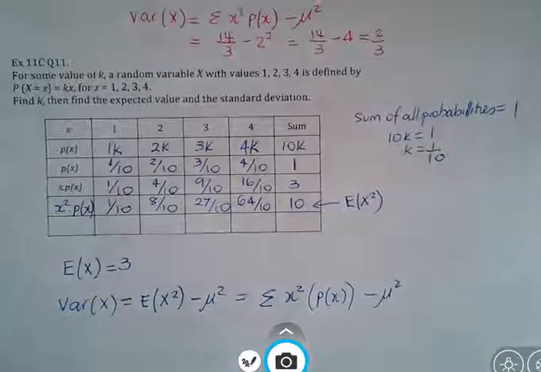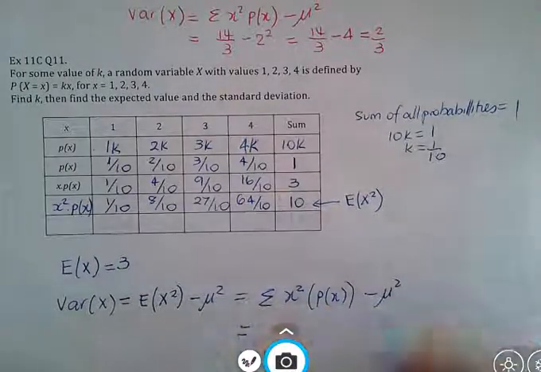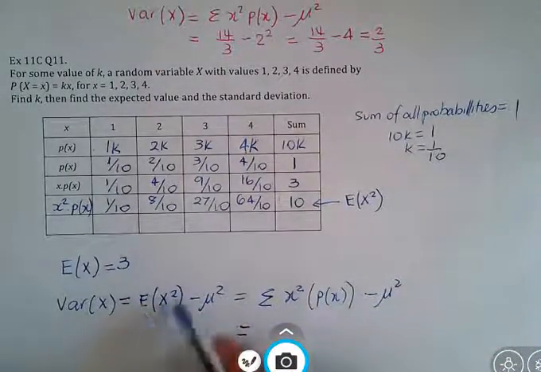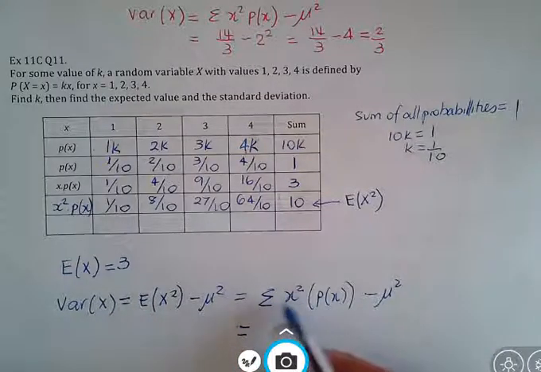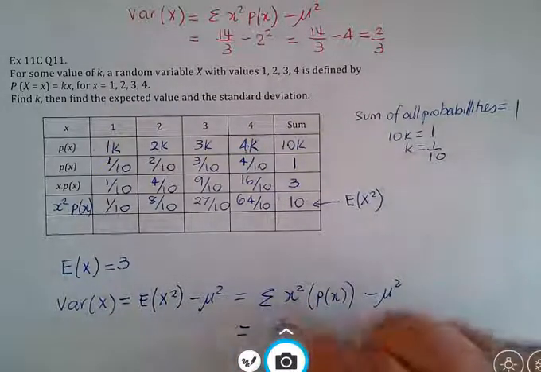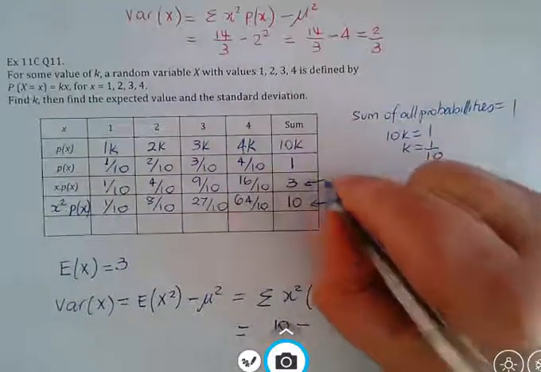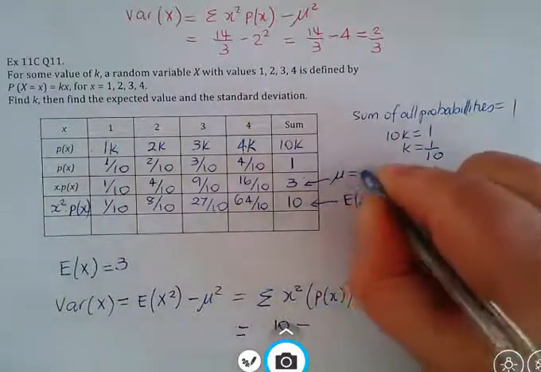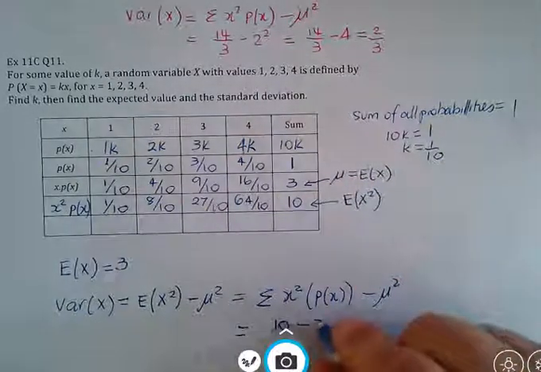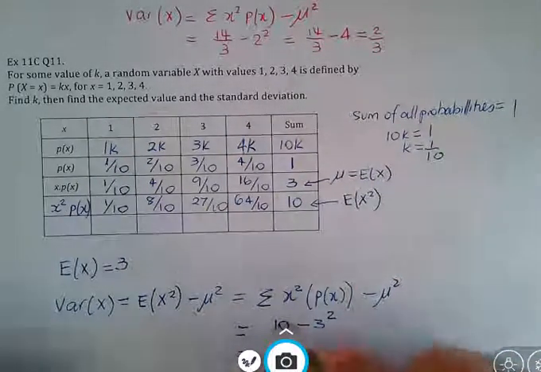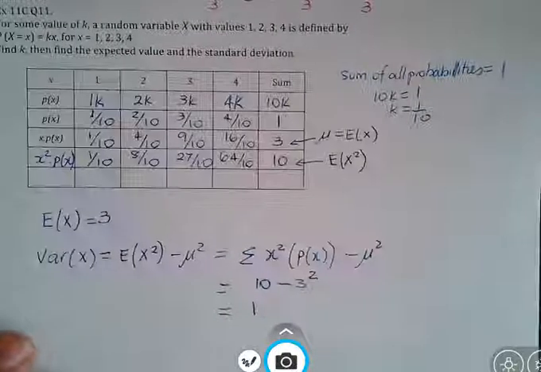Just be careful: the expected value of x squared is the same as the sum of the x squared p(x)'s. So that is 10 minus mu squared, where mu is my expected value of x. So it's 10 minus 3 squared, which is 10 minus 9, which is 1.